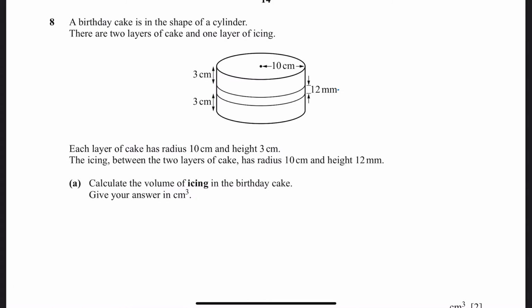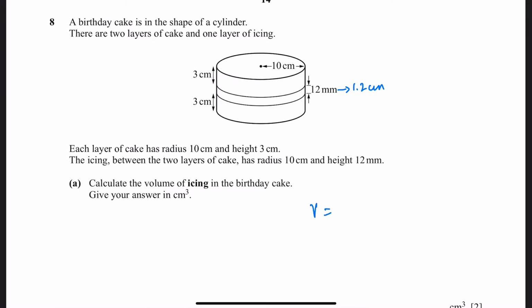So only this one is in millimeters, so I'm going to write it in centimeters, 1.2 centimeters. And if I'm just talking about the icing on the cake, then I can just find out the volume. The icing is also a cylinder, so I'm going to use πr²h to find out the volume.